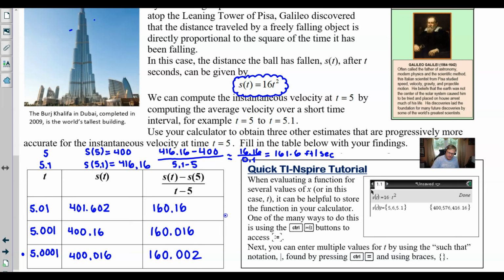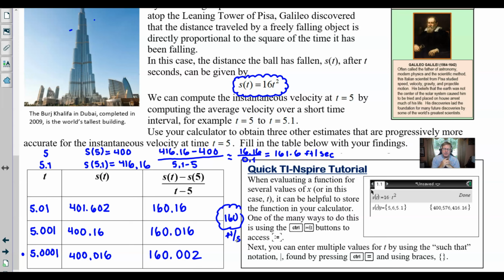And hopefully you're all thinking what I'm thinking, 160 feet per second. And you could probably surmise that that is the average velocity. I'm sorry, the instantaneous. Almost, I blew it. The big reveal, it's the instantaneous velocity.